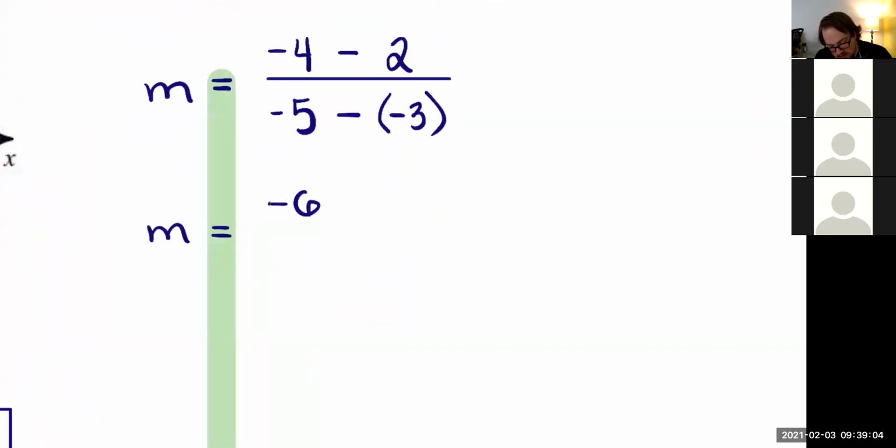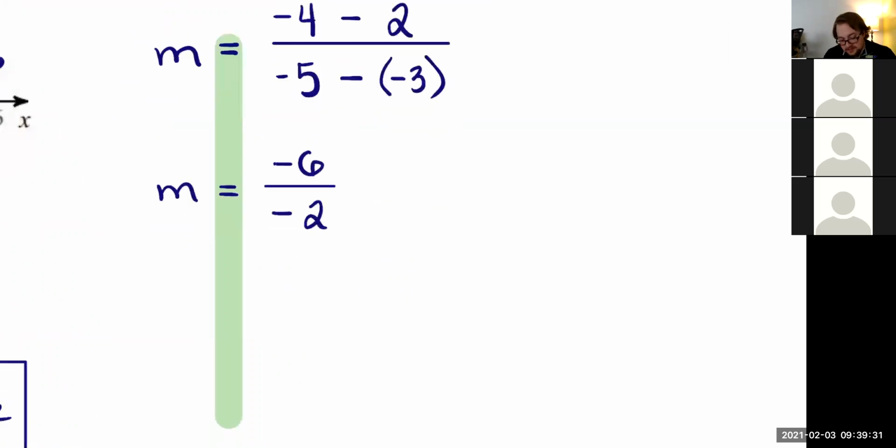But for this example, on top, -4 take away 2 is -6. On the bottom, -5 minus a -3. Remember, subtracting a negative is the same as addition. So technically, this is a -5 plus 3, which is a -2.